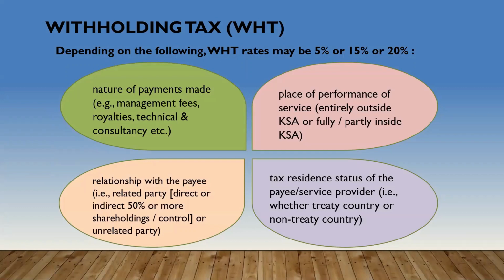Withholding tax would be between 5 to 20, meaning 5%, 15%, or 20%, depending upon the nature of payments, the relation between the payer and the payee, meaning whether the payer and payee are affiliated parties or third parties, the place of performance of services, meaning the services are performed inside Saudi Arabia, outside Saudi Arabia, or partially inside and partially outside Saudi Arabia, and the tax residency of the payee.